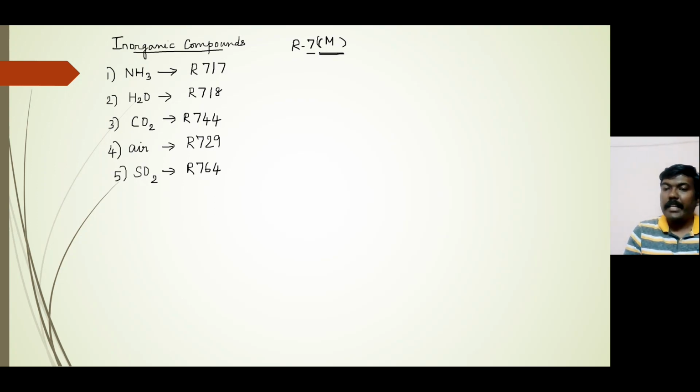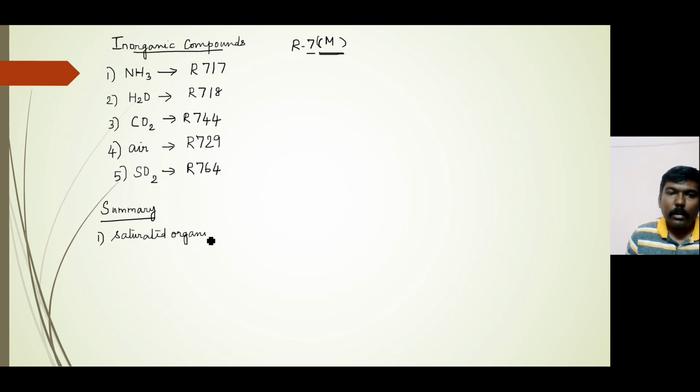So let us summarize. When it is a saturated organic compound, I am going to designate it as R followed by M minus 1, N plus 1, Q. So it's going to be a 2-digit number, and if M minus 1 is 0, the first digit is neglected because it is 0.